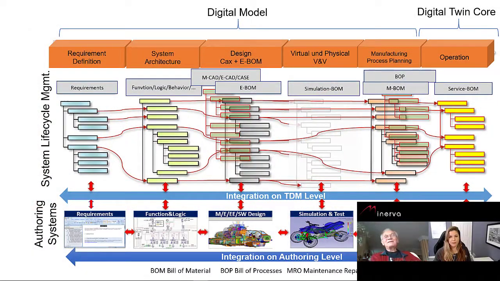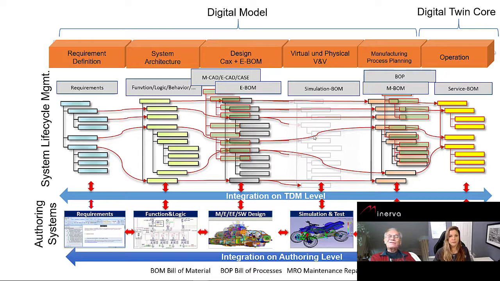So let's start right off with a quick description for all of our viewers about the vertical and horizontal integration of the engineering process. What does that mean? Okay, Jennifer, I think you can see in this slide, we have different partial models. We are always talking about the digital model.